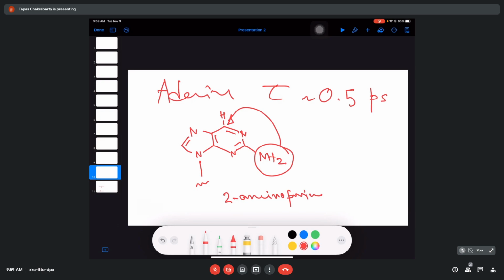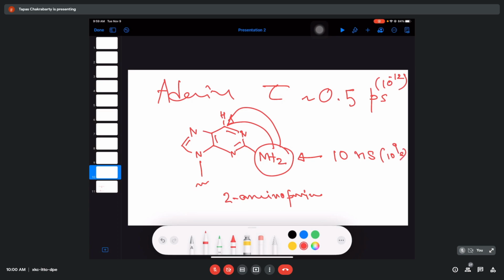Now, what is the difference? If you simply shift the amine group from this position to this position, the lifetime of the molecule becomes significantly different, very similar to an atomic lifetime, about 10 nanoseconds. See the difference in lifetimes. In adenine it is about 0.5 picosecond, where picosecond means 10 to the power minus 12 second, and nanosecond means 10 to the power minus 9 second.